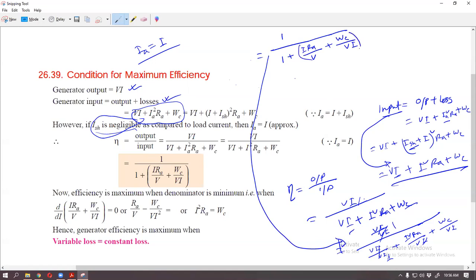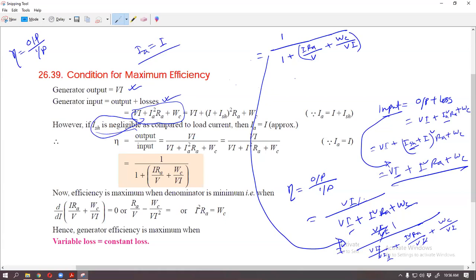Now you know that efficiency is equal to output by input. Suppose if both are the same, then our efficiency is 100%.